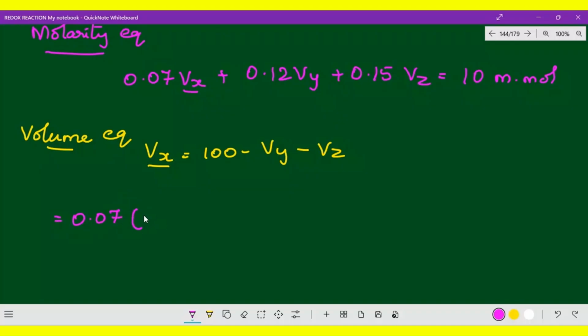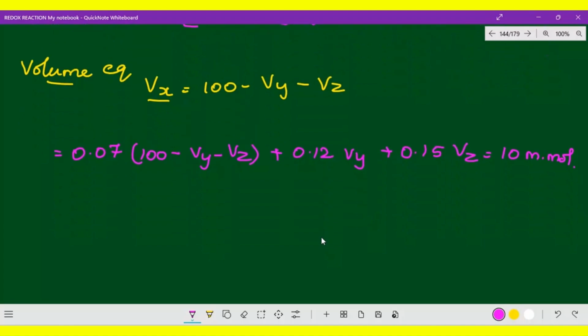So here 0.07 into (100 minus Vy minus Vz) plus 0.12 Vy plus 0.15 Vz equal to 10 millimoles.